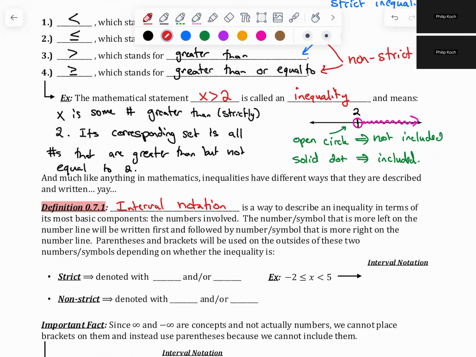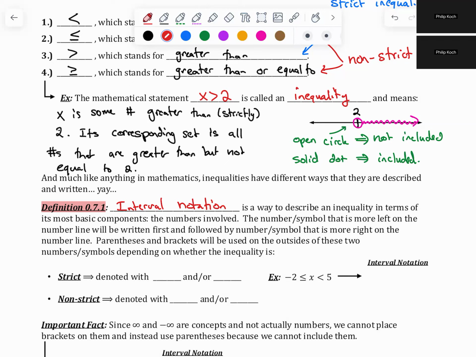Interval notation is a way to describe an inequality in terms of its most basic components, just the numbers. The number that is more left on the number line always goes first, then a comma, then the bigger number, the one more on the right.